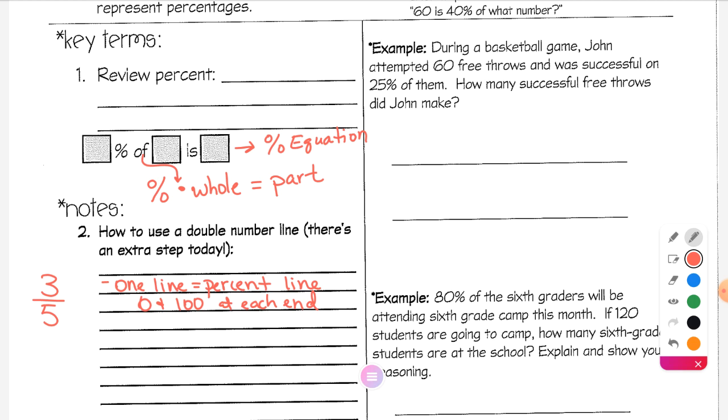So you guys already are a little bit familiar with double number lines. We have 2 lines. One of the lines represents your percentages. You always put 0 at one end, 100 at the other.